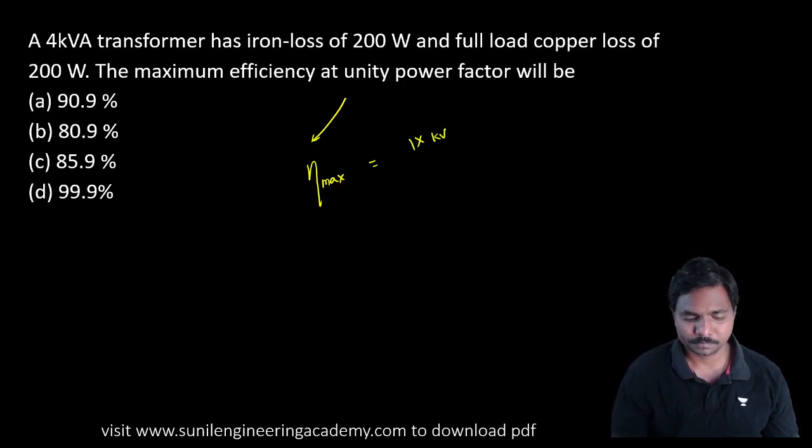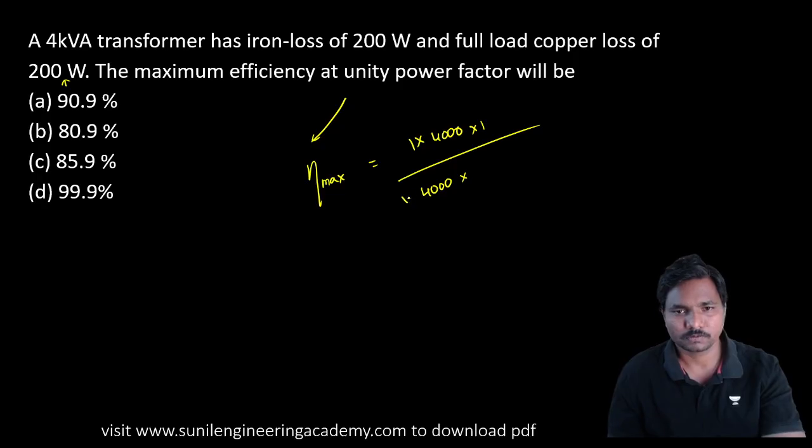What is the kVA given? 4 kVA, that is 4000 VA. Why have I taken 4000 here? They have given losses in watts, so I am going to take VA into power factor. Power factor is unity, so here 1 into 4000 into 1 means 4000.